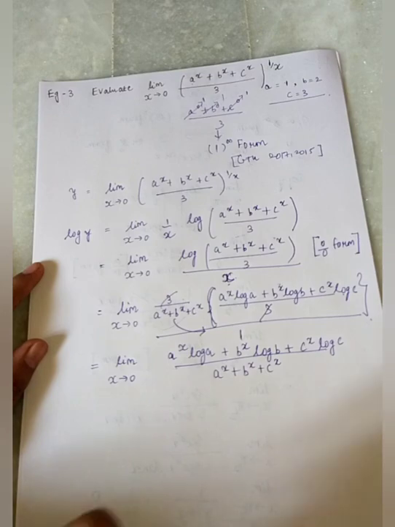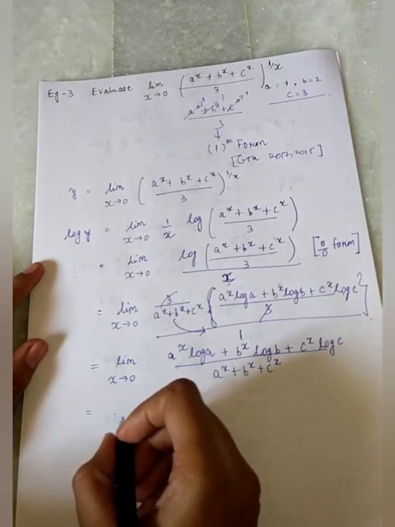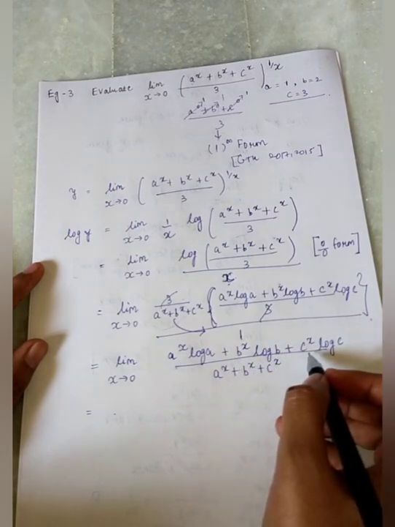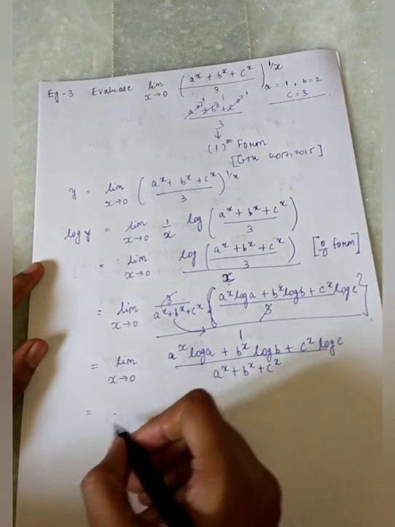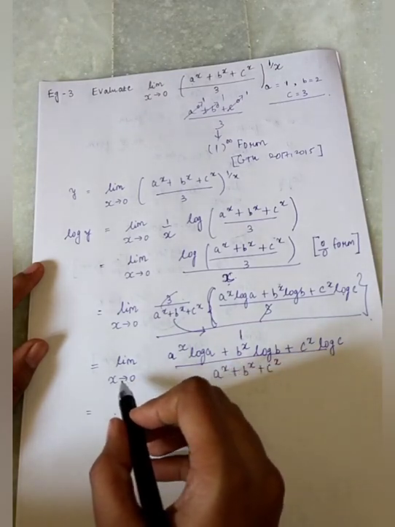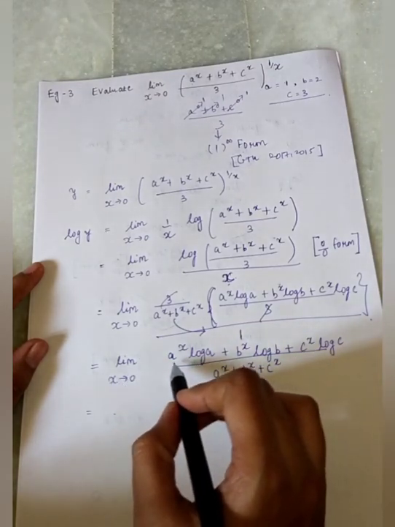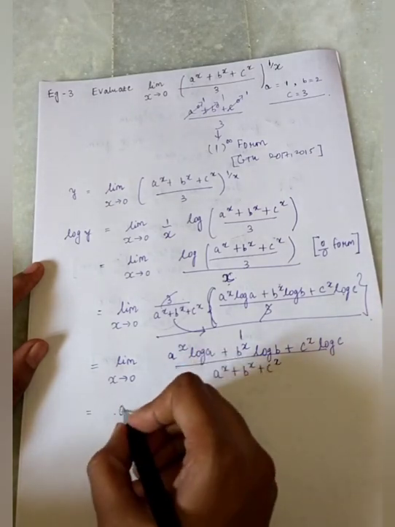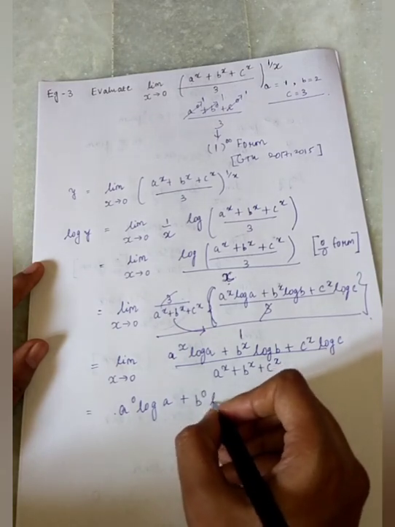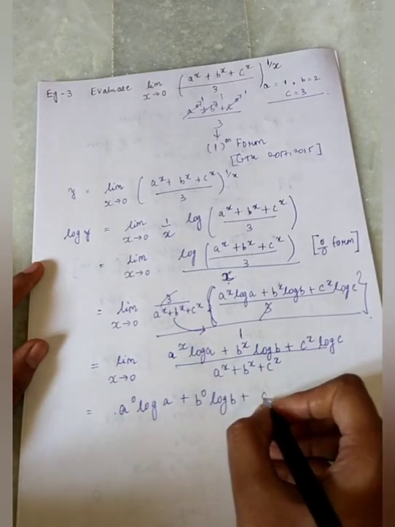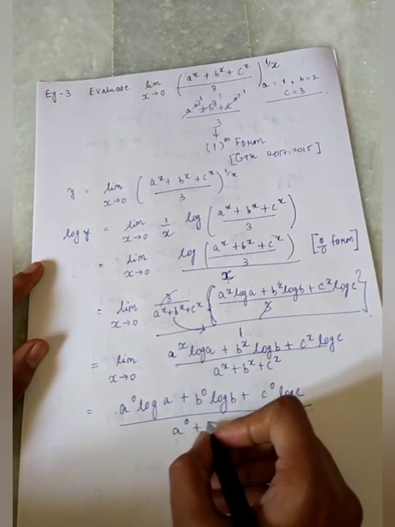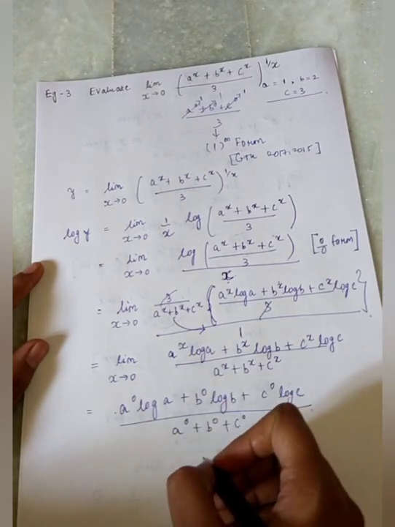Okay, and now we will directly put this limit into this equation. So we get a raised to 0 log a plus b raised to 0 log b plus c raised to 0 log c upon a raised to 0 plus b raised to 0 plus c raised to 0.